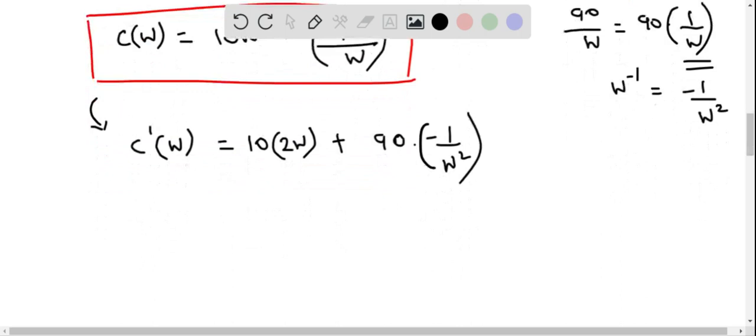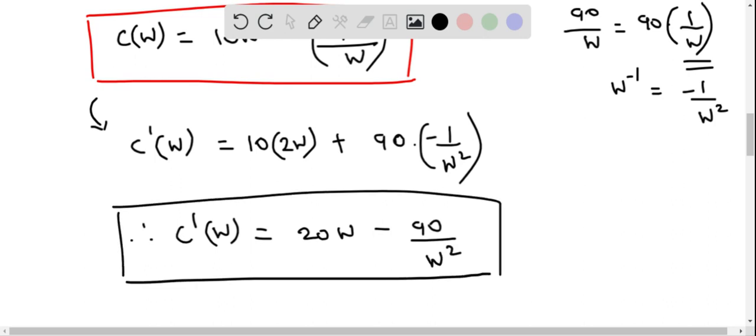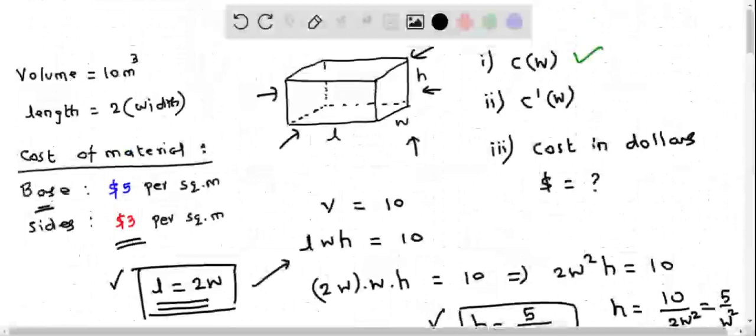So let's simplify this. Therefore, C prime of W, which is the derivative of the cost function, is 20W minus 90 by W square. So this is the derivative of the cost function. And this means we have just answered part 2 of this question.